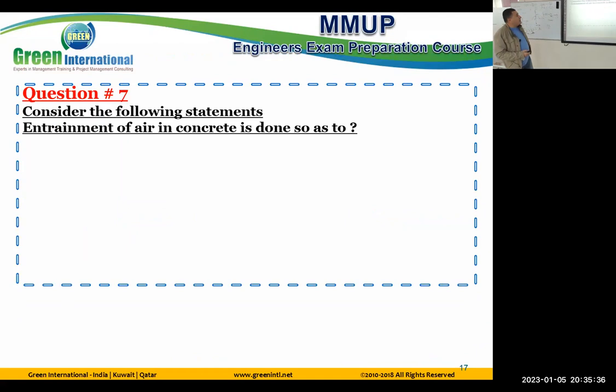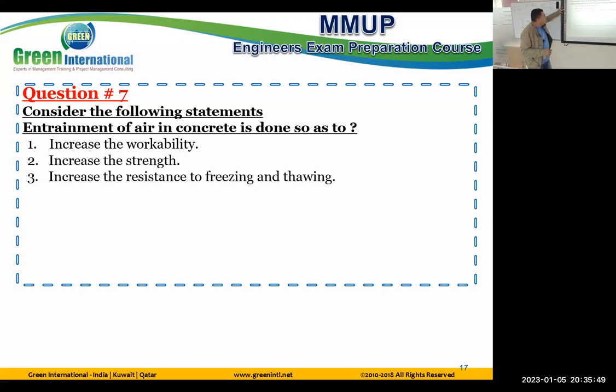here. We go for another one for concrete. Consider the following statements: entrainment of air in concrete is done so as to increase the workability, increase the strength, and increase the resistance to bleeding and sound. What is the correct answer?